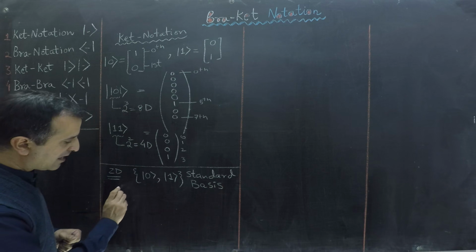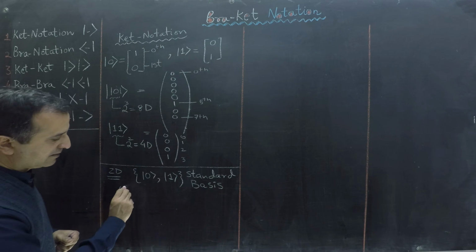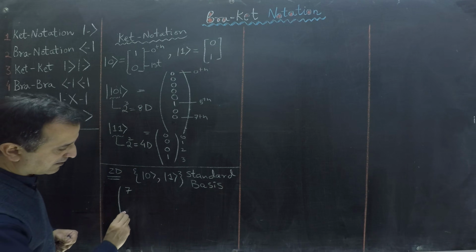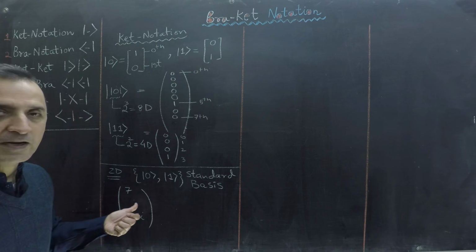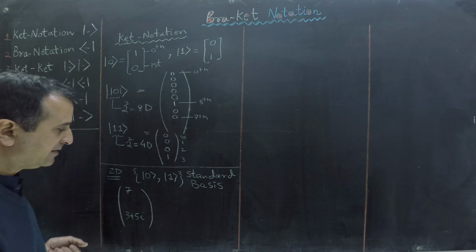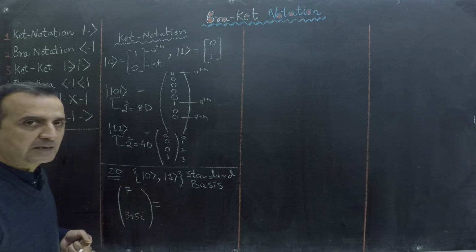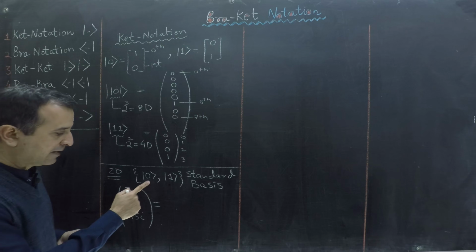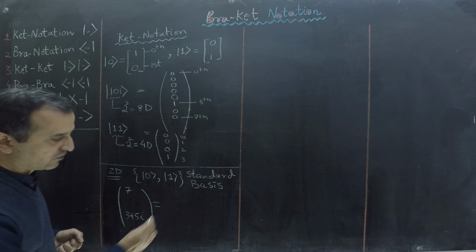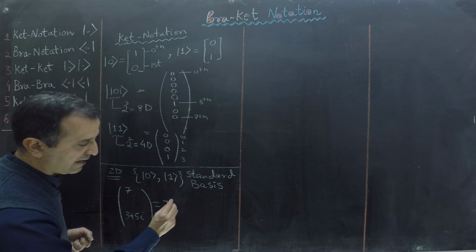And now if I have to express this vector 7 and 3 plus 5 iota using Bra-Ket notation, then I can express it using standard basis, because I know that this is the 0th location and my 0th location has 7, so I will write 7 at 0th location.